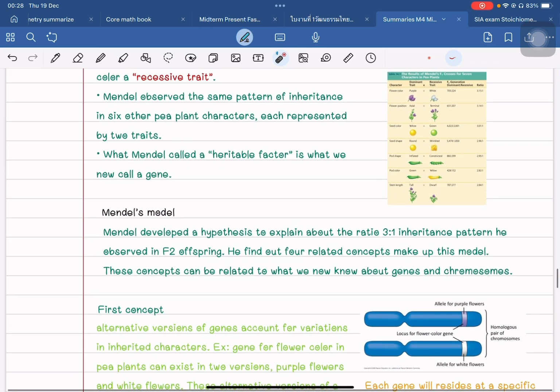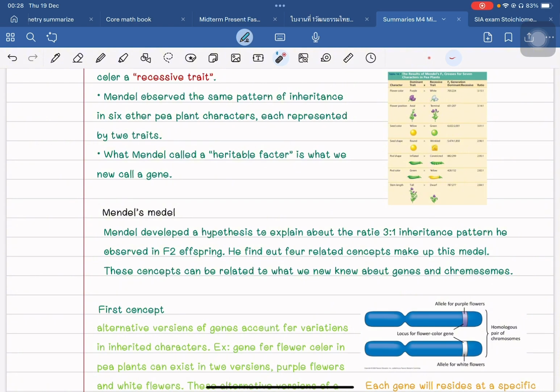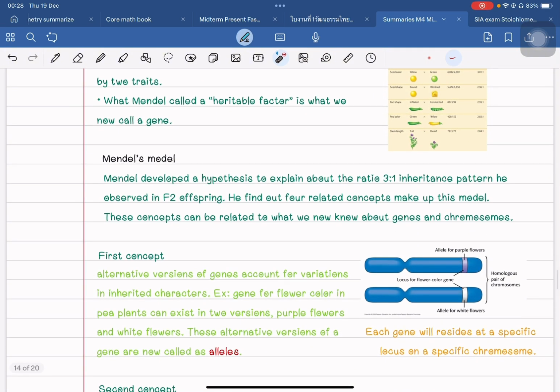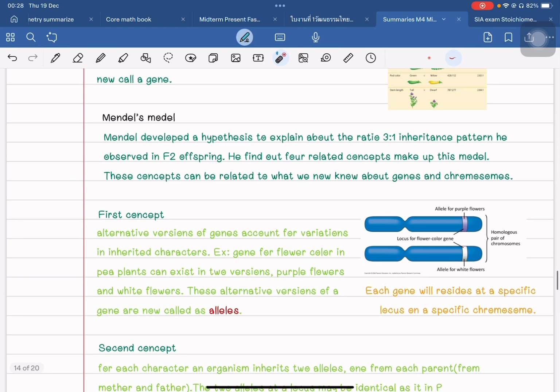Next we're going to learn about Mendel's model. Mendel developed a hypothesis to explain the 3-to-1 inheritance pattern he observed in the F2 offspring. He found four related concepts that make up this model. These concepts can be related to what we know now about genes and chromosomes. The first concept is that alternative versions of genes account for variations in inherited characters.